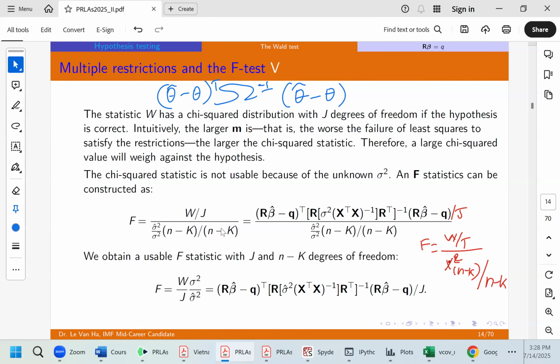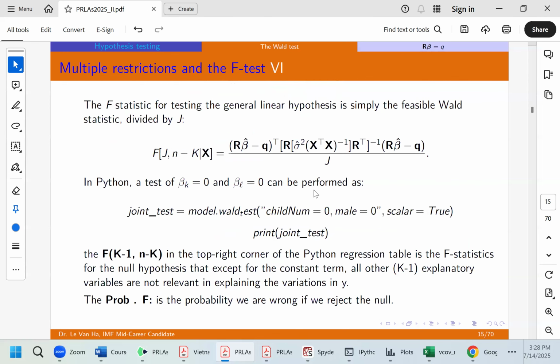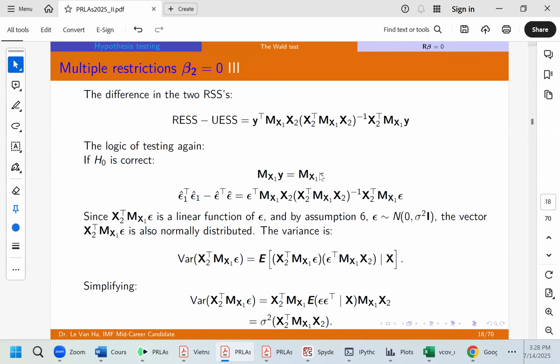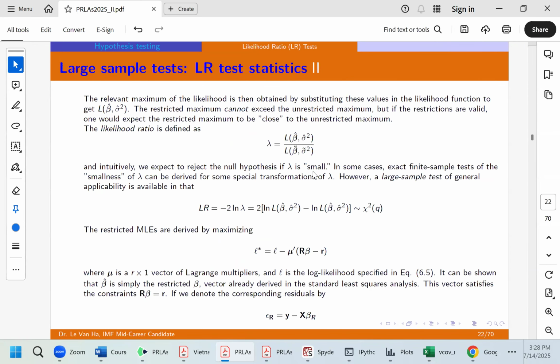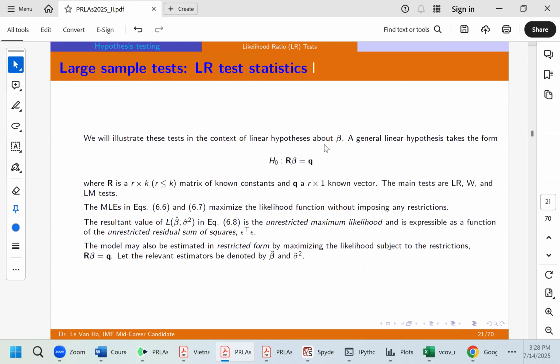In order to test for the same hypothesis we can also use the so-called Lagrangian test, or the LR test. This is the likelihood ratio test. For the same purpose, now we are interested in testing R beta equals Q. We don't use the Wald test anymore, we use some other test.